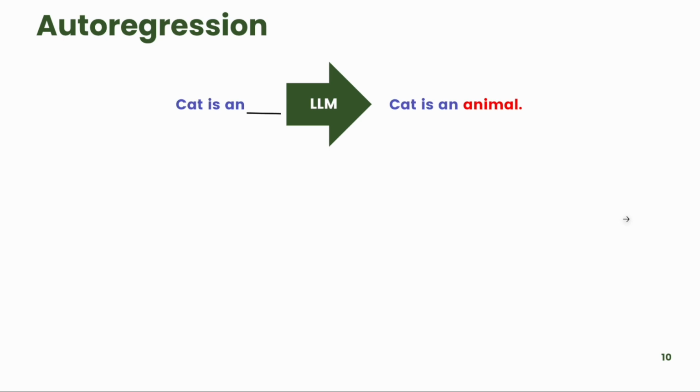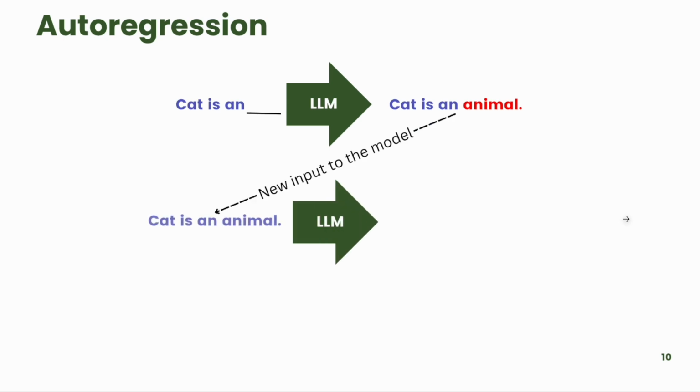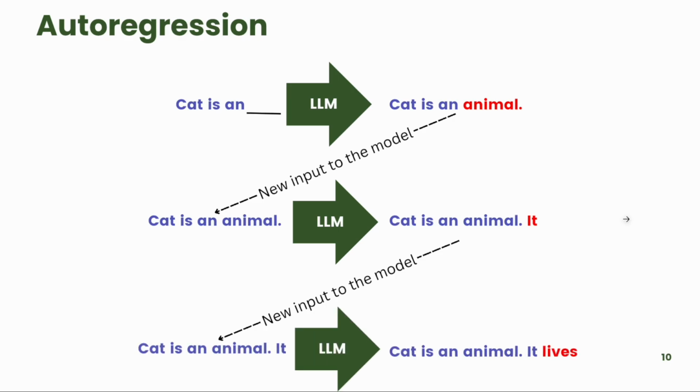So this output is now used as an input, and then this becomes a new input to the model, shown here in blue, right? So the next word could then be it in this case, and once you have this output, you continue plugging this back into your model and generating even longer sentences. So this is how you can keep on generating content.